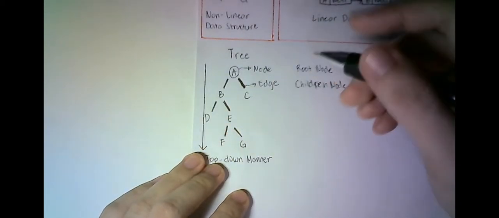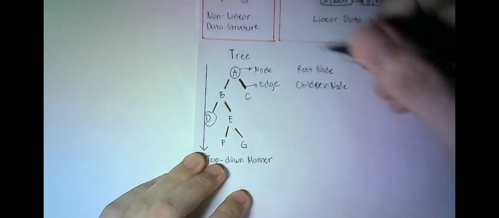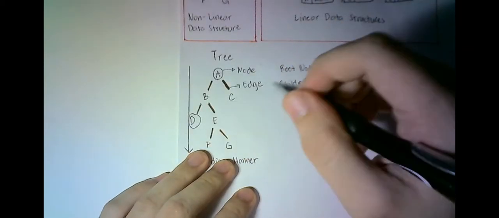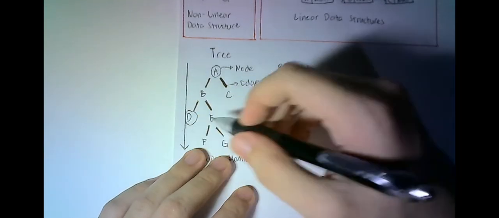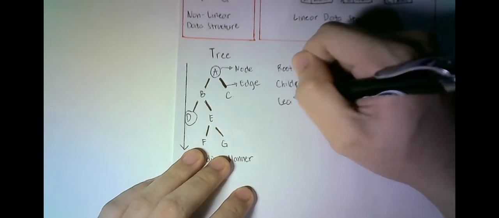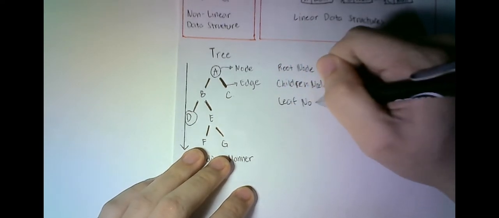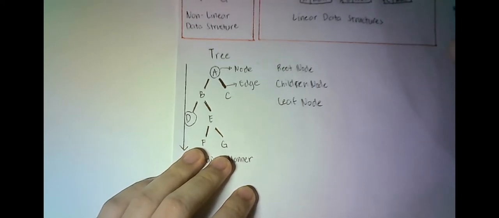Some nodes, like our node D here, that do not have children or do not connect to any other node, are what you call a leaf node. Yes, leaf, just like in a branch. The leaf is the last part of the branch, right?